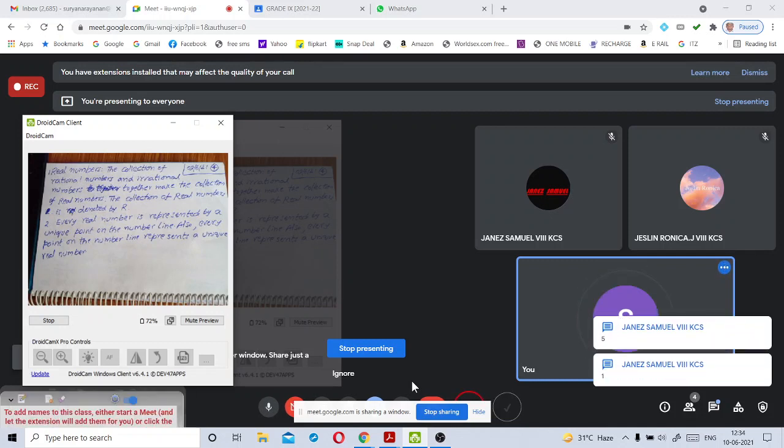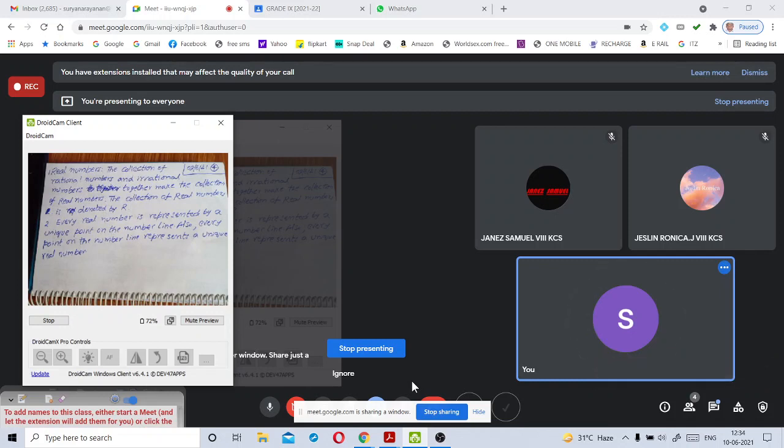So it is said to be a rational number. Since the conditions are satisfied, the number 5 is said to be a rational number. Understood?